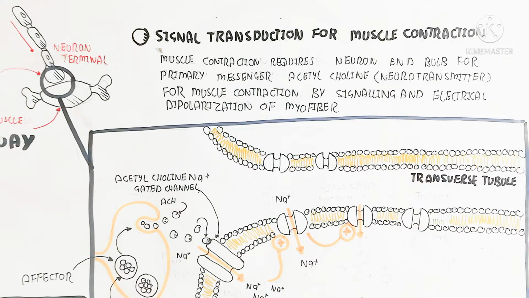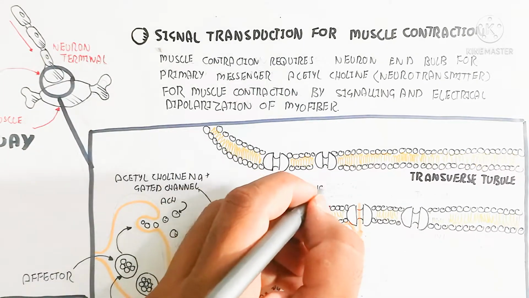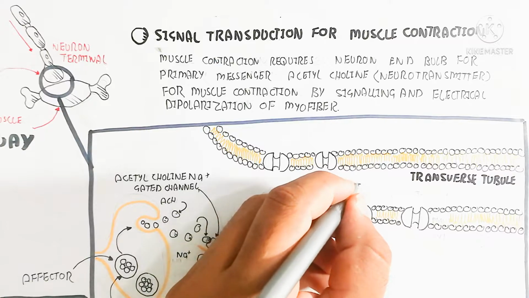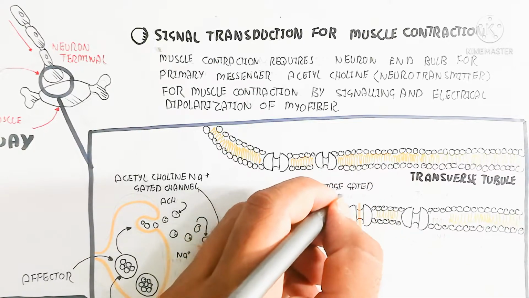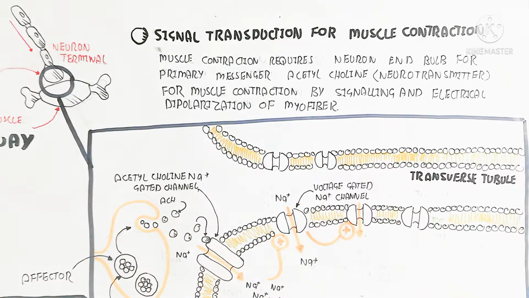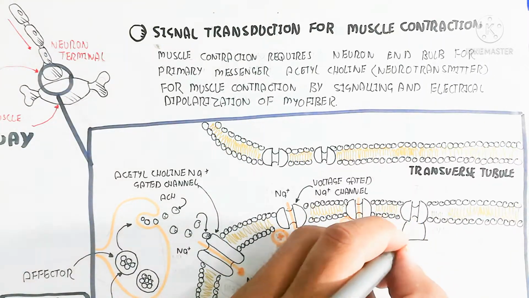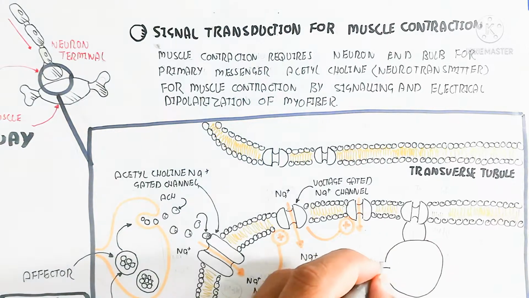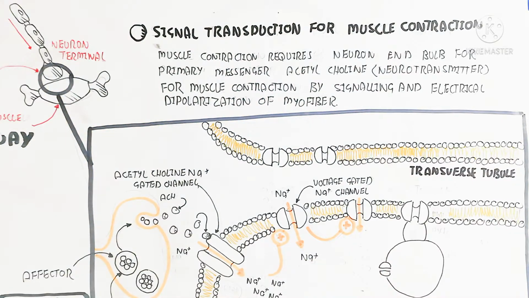So this transverse tubule will lead to calcium trigger. The calcium gated channel will be triggered to open, and the DHPR, as it is known, is the calcium channel. So the extracellular calcium will move in. It is known as a calcium influx.